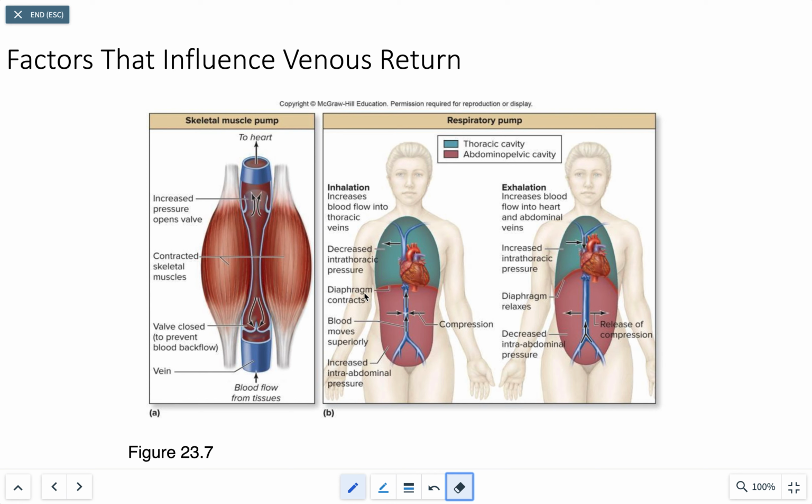When the diaphragm contracts during inhalation, we usually see compression on the walls of the veins coming up, and we also see an increase in intra-abdominal pressure. During exhalation, that compression is released, and we see a decrease in abdominal pressure.